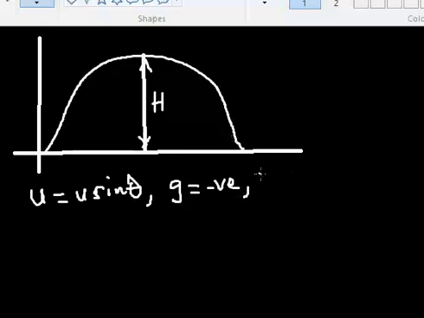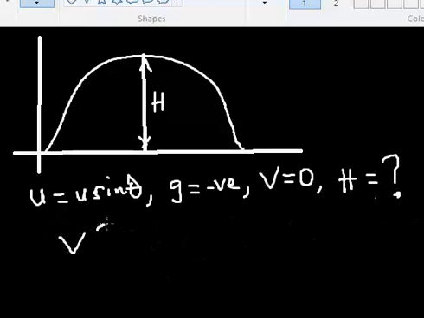What else do I need? Don't forget at maximum height, very important, v is 0, and then the maximum height is what we want. So considering all these parameters now, which equation goes? That's the third equation: v squared is equal to u squared minus 2gh.